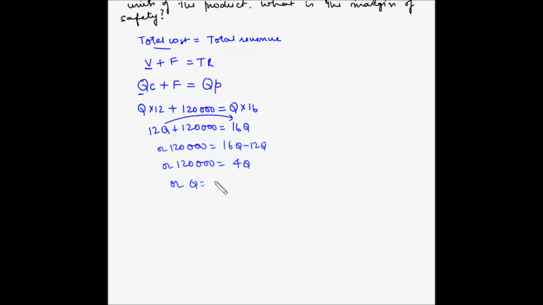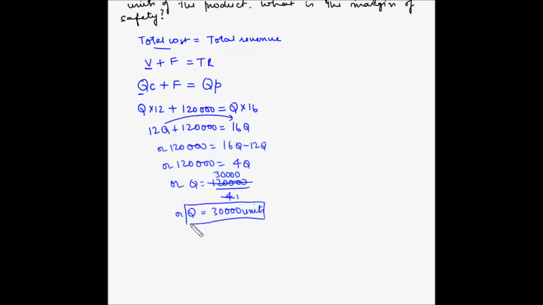Or Q is equal to 120,000 divided by 4. 4 ones are 4, 4 threes are 12, 0000. So this is equal to 30,000 units.